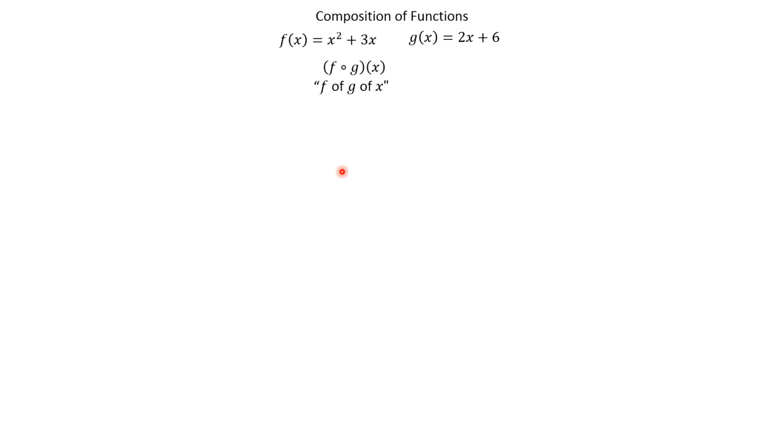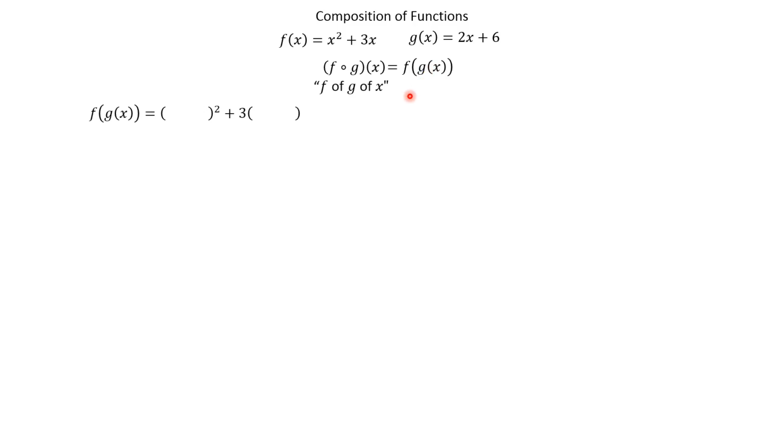If we were to write it in the other notation, just like we were doing with the other ones, it would look like this, which is again pronounced f of g of x. What this means is we're going to take the g of x function and replace all the x's in the f function with the g of x function.